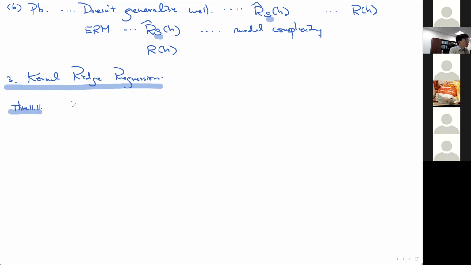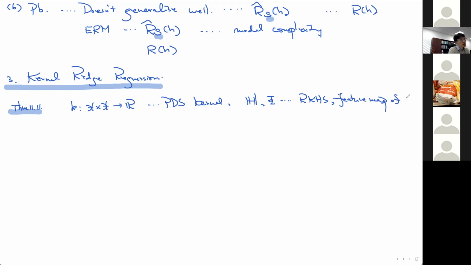Suppose we have a PDS kernel K, and say H and phi are the RKHS and the feature map of K. We make some assumptions, using also a hypothesis set.